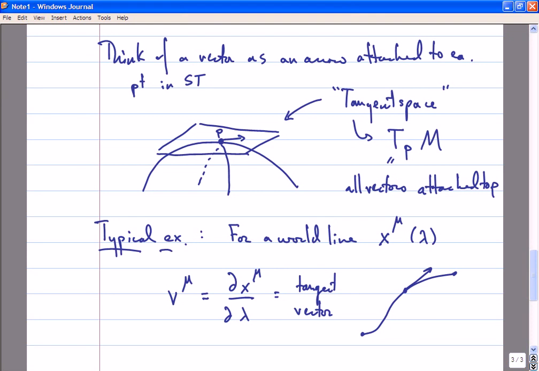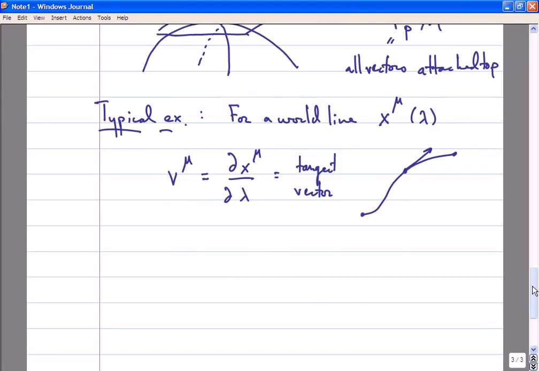Now, I claimed that this was a vector, so that means I need to show you that it transforms in the correct way under a coordinate transformation. So to check that this is a vector, let's compute its components in a different coordinate system.